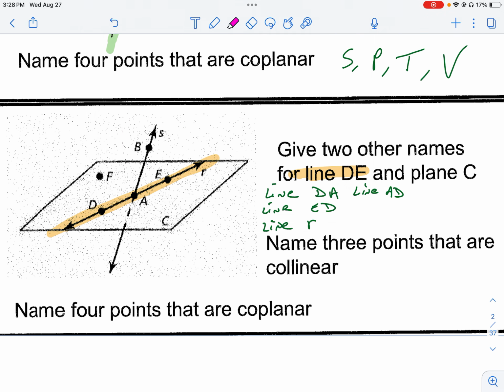So plane C, this one right here. So we know we need 3 non-collinear points.